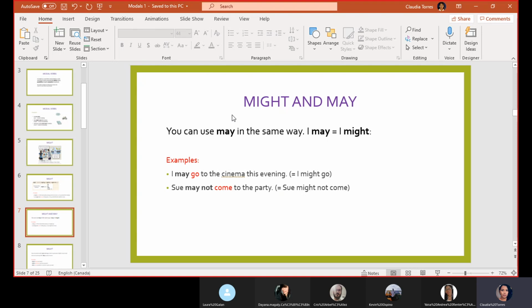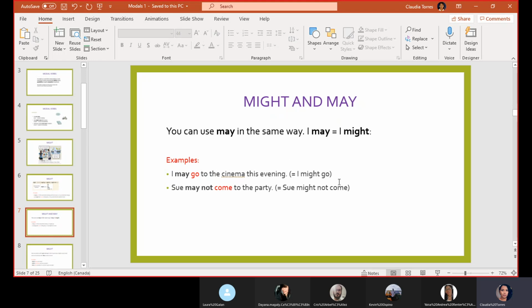So you can use might or you can use may. But remember, when you're using these modals, you have to use the verb in the base form, right? So I may go to the cinema this evening, and it means I might go.